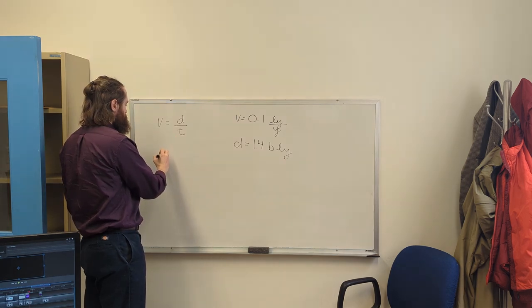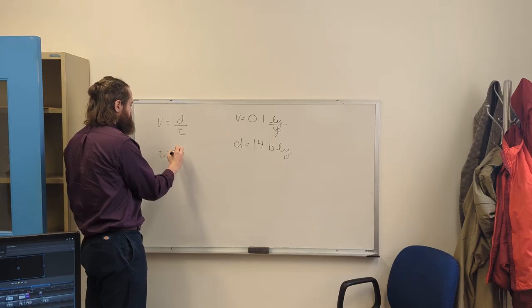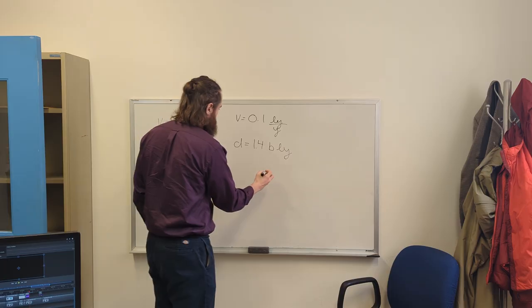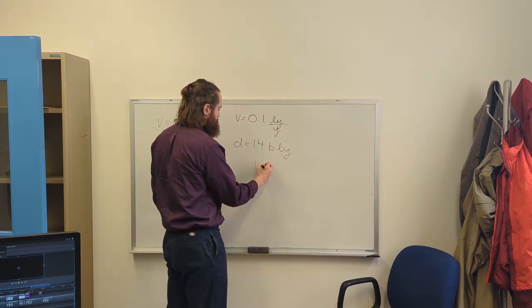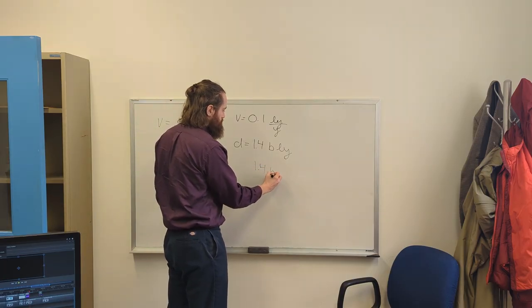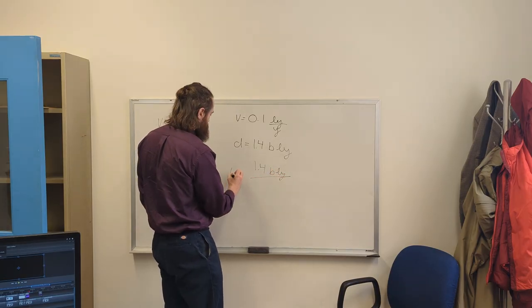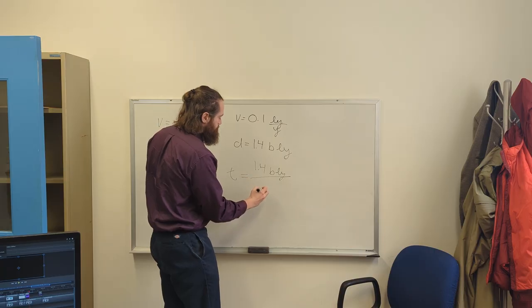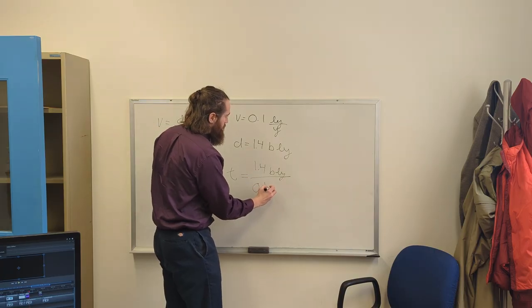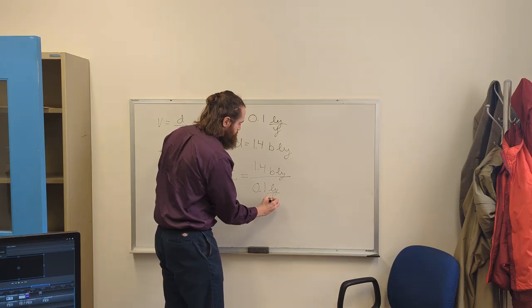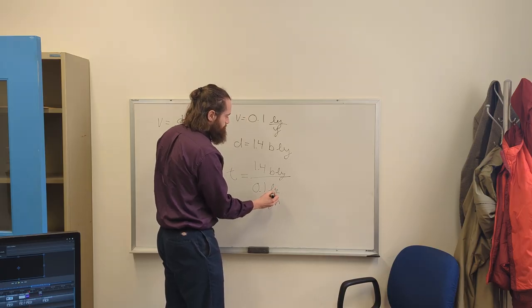So if we take this distance, 1.4 billion light years, and divide that by 0.1 light year per year, we get the light years to cancel, and now we have 1.4 divided by 0.1, and then billion years.